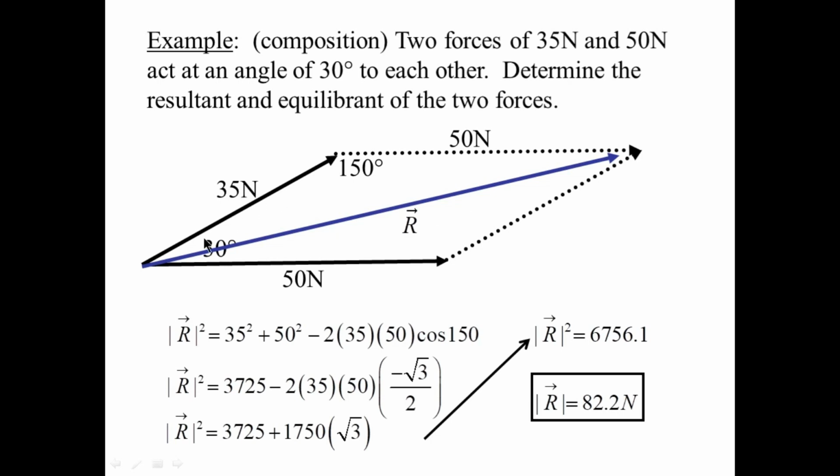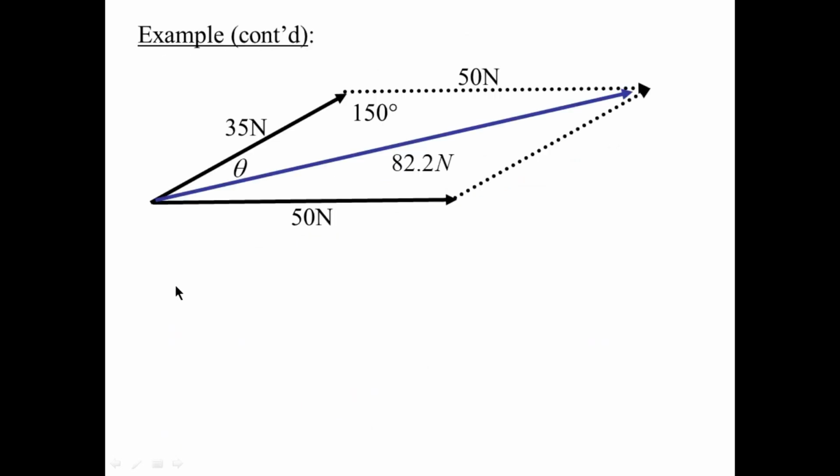And I'd like to know at what angle it's pulling in relation to the other two forces. So let's call this angle theta, a Greek letter often used to denote an angle. And let's work out theta. Now that we know this is 82.2 newtons, we're going to use the sine law. So it'll be sine theta over 50 equals sine 150 over 82.2.